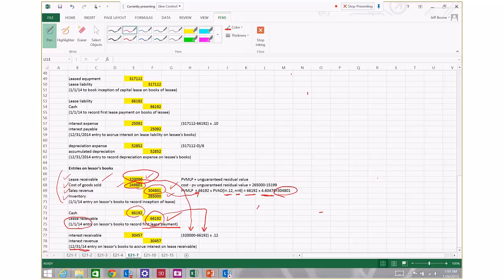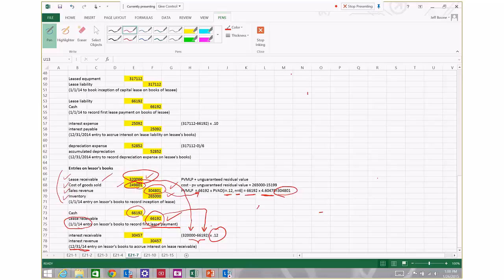So the difference between those two amounts represents the outstanding balance of the lease receivable that existed throughout 2014 on which interest was accruing, and multiply that times the lessor's implicit rate on the lease of 12%.